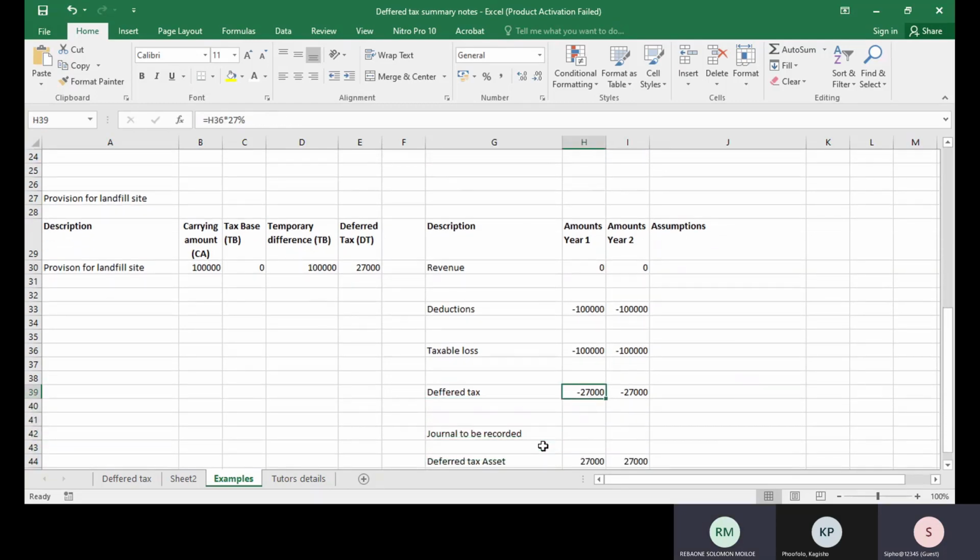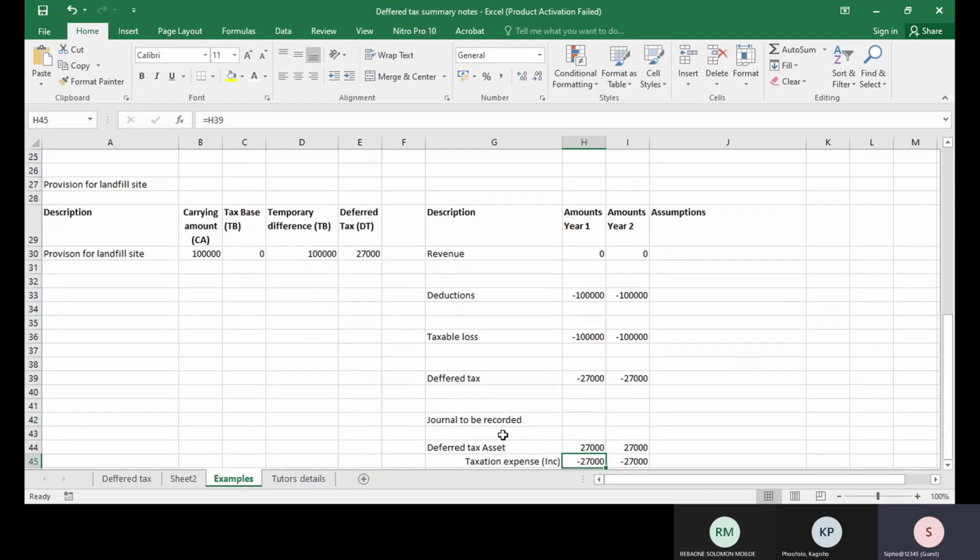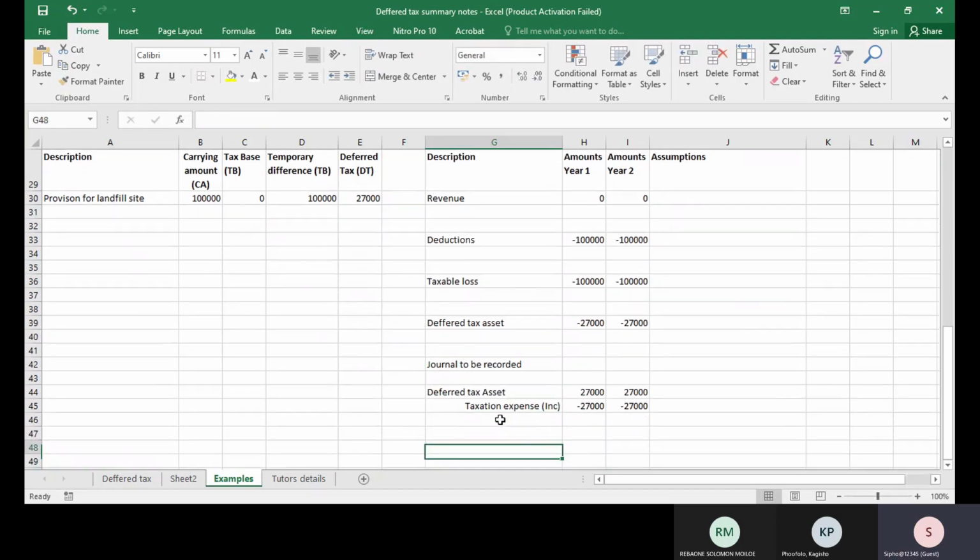Hence, you have a deferred tax asset because you are saving. I explained earlier why that is. I took you through the definition of an asset due to those economic benefits of saving. So here in the journal, you have a deferred tax asset, and you have a taxation expense, which in this case is sort of an income.